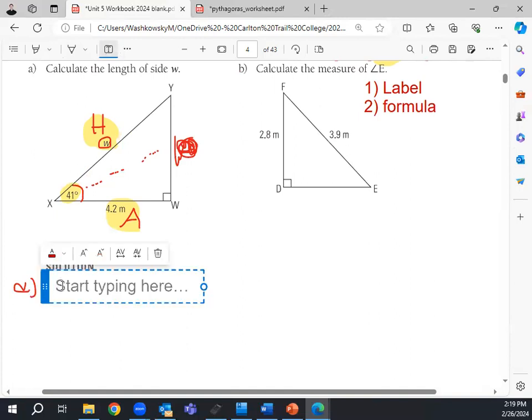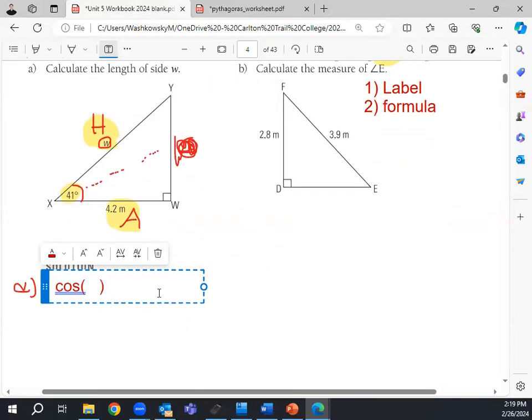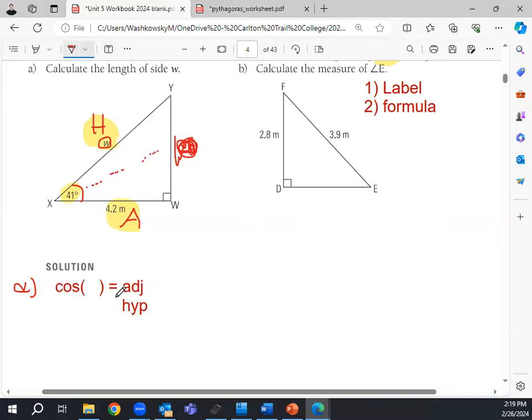So how we say it is we say it's the cosine of theta. I'll draw that symbol in a second. Is equal to A over H, equal to adjacent over hypotenuse. So let me fill that in here.